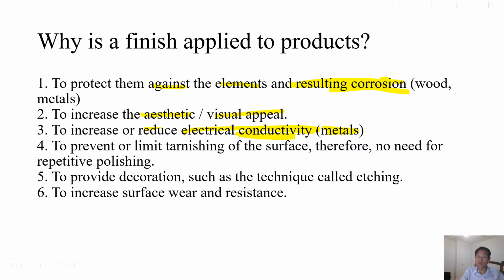Or sometimes we do the coating to increase electrical conductivity of the metal part, or to limit tarnishing of the surface that prevents repetitive polishing, or to provide decoration, and then to increase surface wear resistance. These are good reasons to apply product finish.